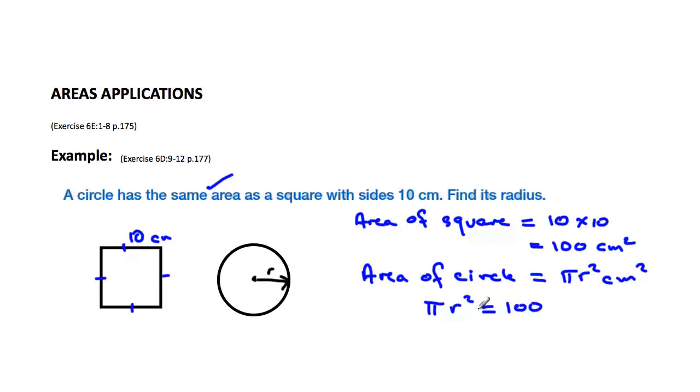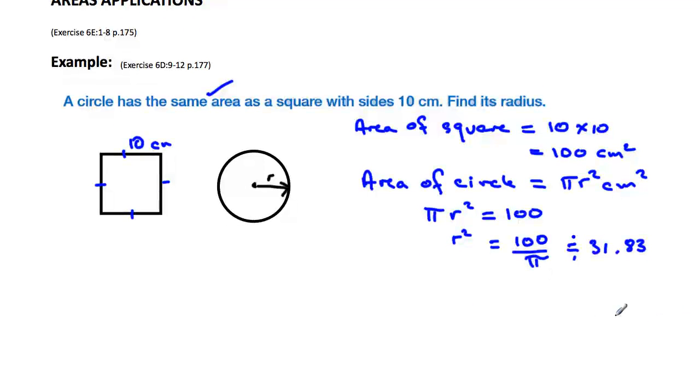Now, doing a little bit of algebra, to get rid of that pi, remember we divide both sides by pi, so we must get r squared equals 100 divided by pi. So that is approximately equal to, if we work it out, to 2 decimal places, 31.83. You can check that out with your calculator, which you should do.